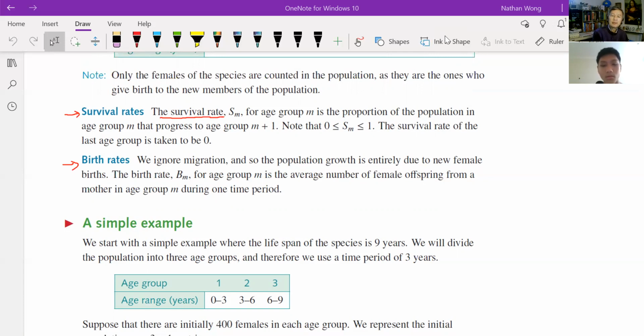Every year they grow up by 1, okay? They have an interpretation. The rate is between 0 and 1. So they only have two choices, you agree? The survival rate of the last age group is taken to be 0. Okay, do you know why?